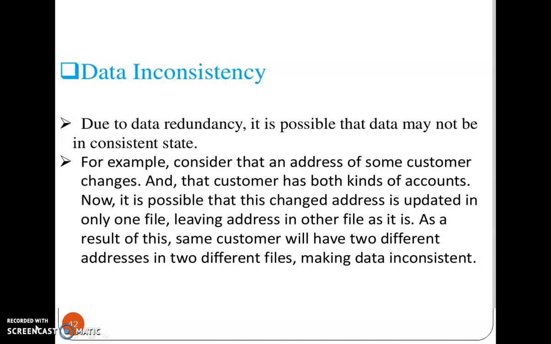For example, consider an address of some customer is changed and that customer has both kinds of accounts. Now it is possible that this changed address is updated in only one file, leaving the address in the other file as it is. So as a result of this, the same customer will have two different addresses in two different files, meaning that data is inconsistent at two different places.